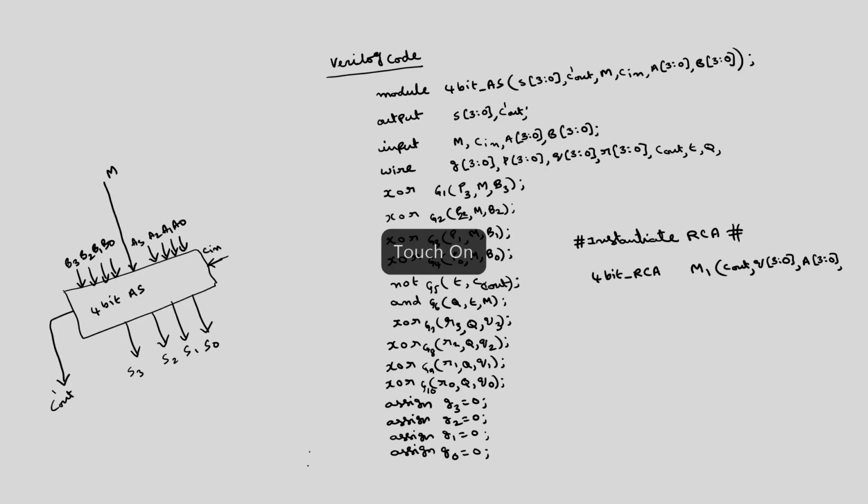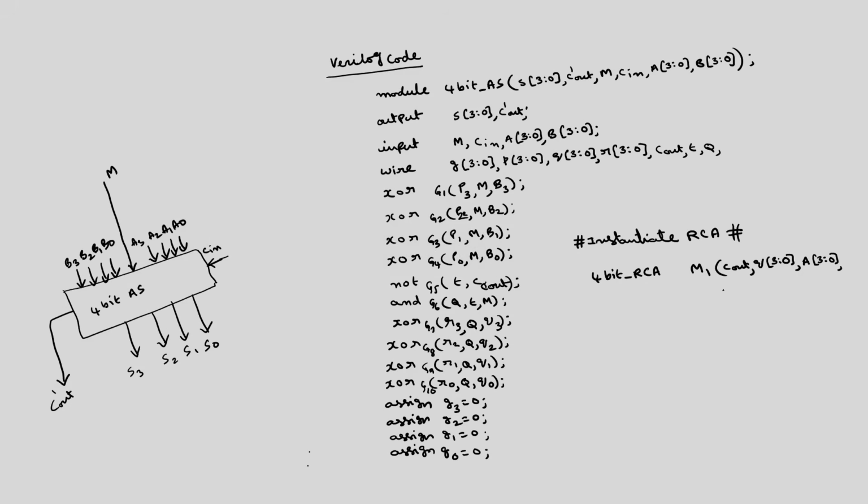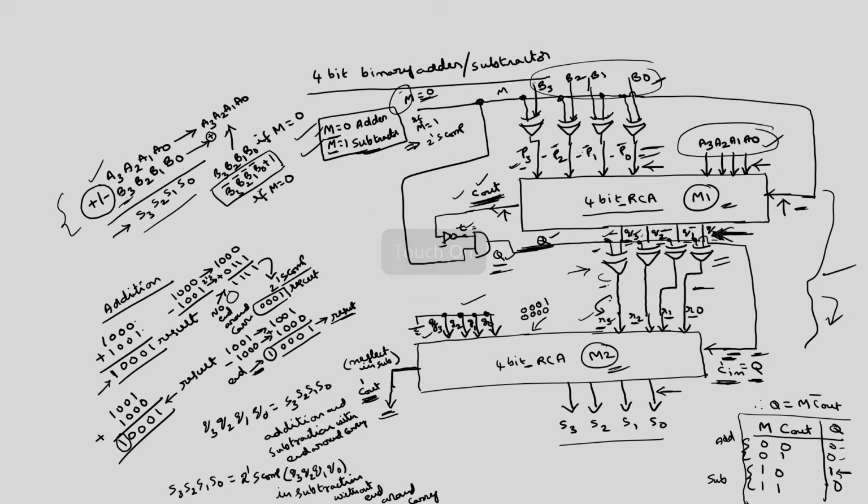Then the second set of the inputs is P 3:0 and then M. So, this will perform all the operations that are involved in this. The outputs are Q3 to Q0.